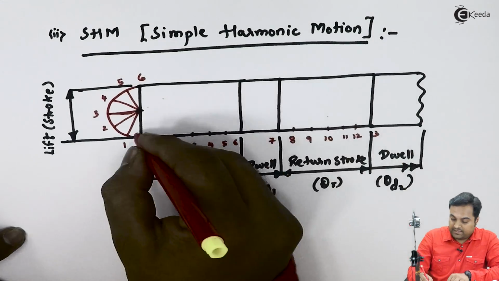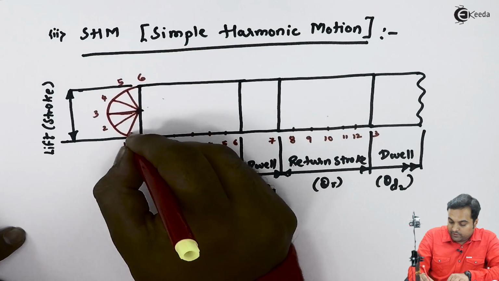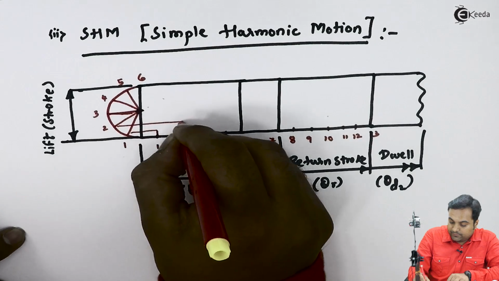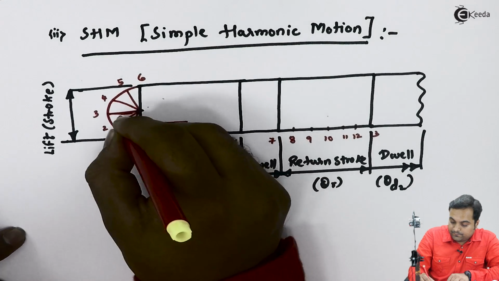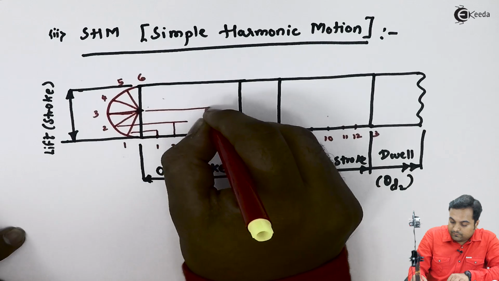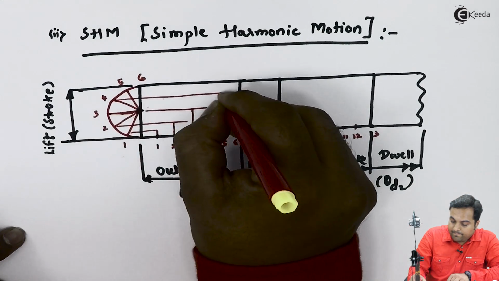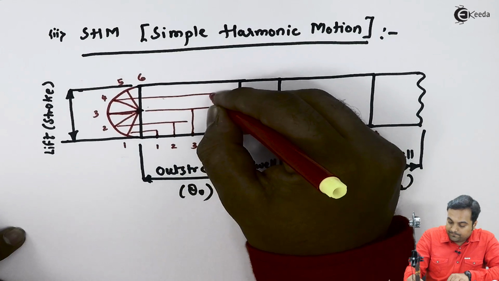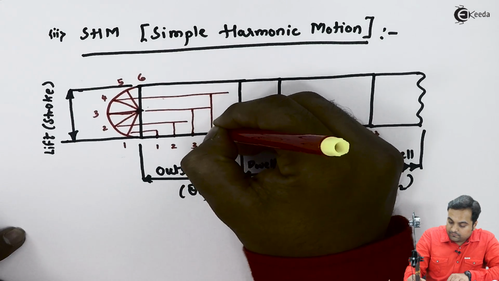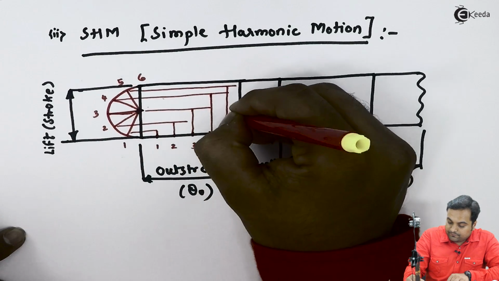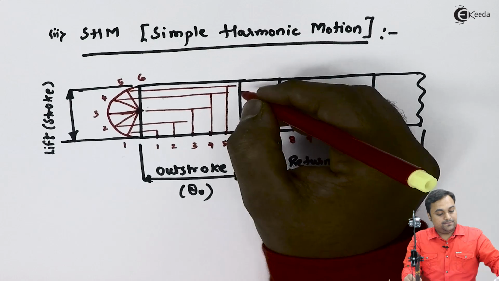Now I will plot horizontal point number 1 from here, vertical point 1, similarly point 2, point 3, point 4, point 5, and point 6 is here.